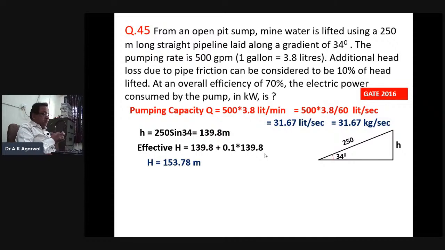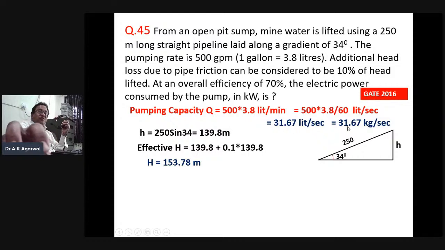So the total head required for pumping the water is 153.78 meter. This type of data was given straight in the earlier problem, but here as the pipeline is inclined, we have determined the effective head or vertical head, whatever you say. Now it is a simple problem.